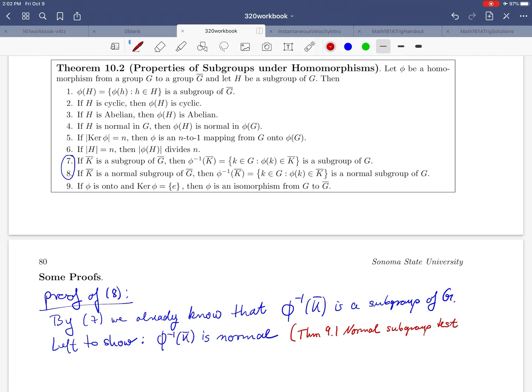And the normal subgroup test said that you have to show in this particular case that G, phi inverse of K bar, G inverse, is a subset of phi inverse of K bar for all G. So that's how the normal subgroup test works in this case.